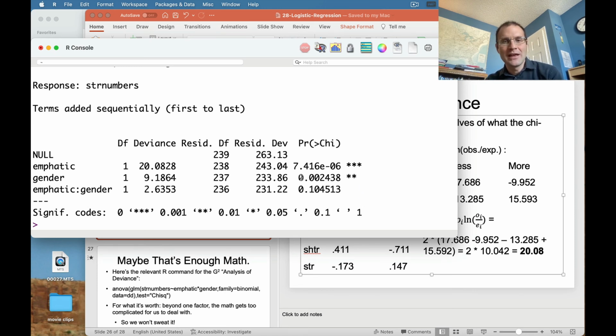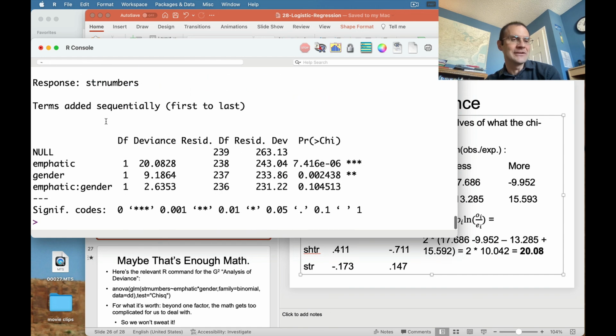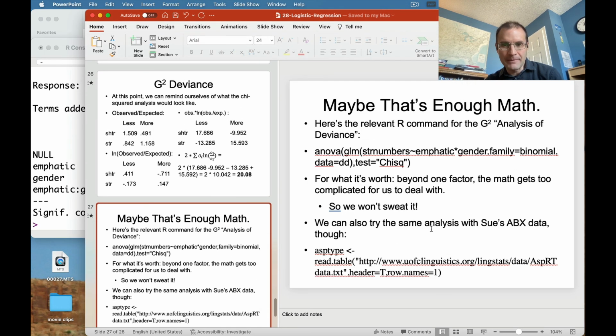We've seen that principle before with Occam's razor, right? But the point is here, we get two significant factors, so we could include both of these in the model as significant. And this is how you run this in the analysis of variance way, except we're now calling it analysis of deviance. Okay, that's where those numbers come from.